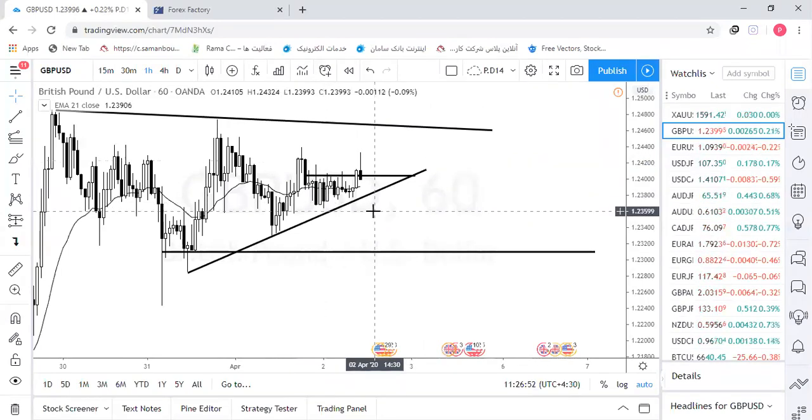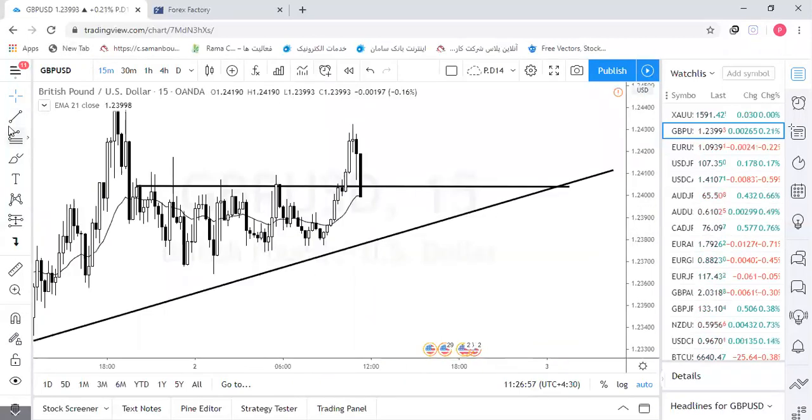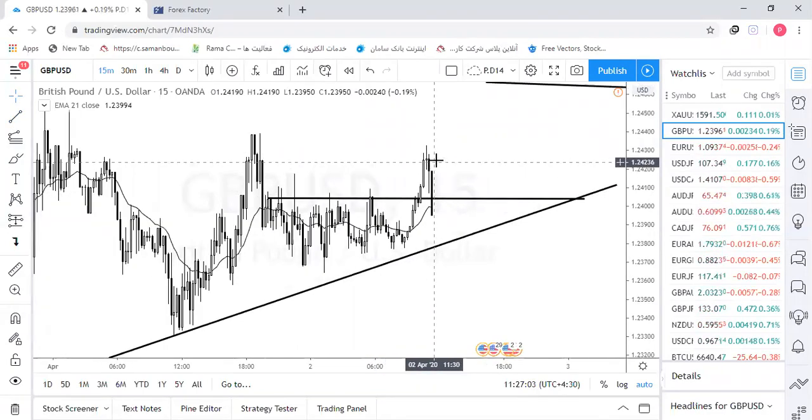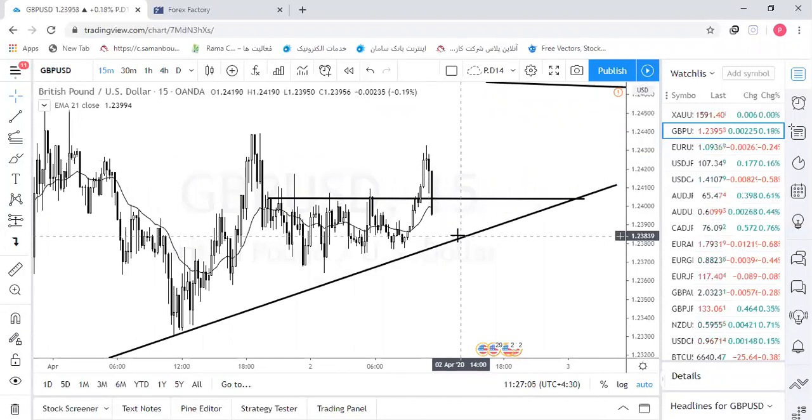If you are going to take this, you have to wait for candle close, for example, above this one. So if the candle closes above, you can take buys. If the candle closes below this one, you can take sells. Any questions about anything, I'm going to answer.